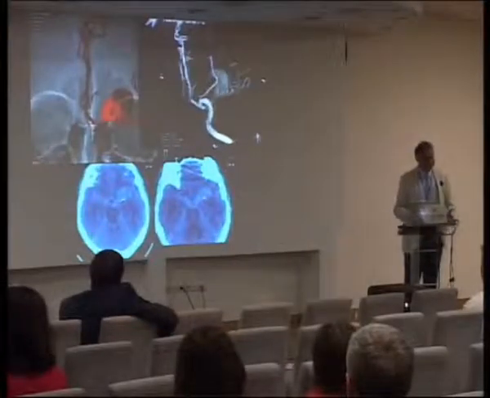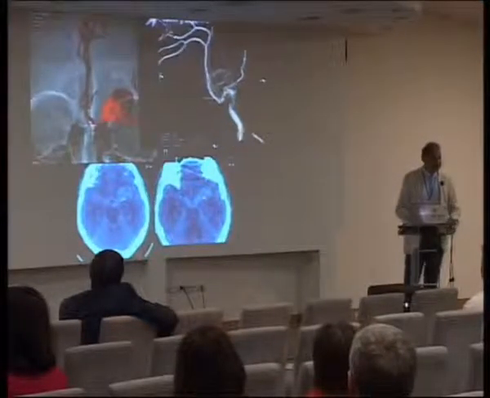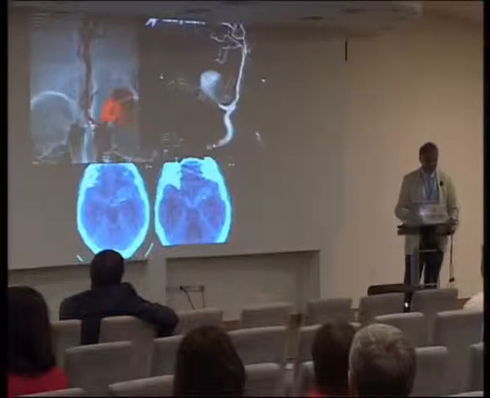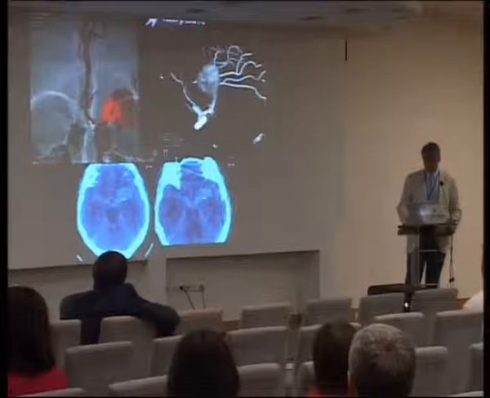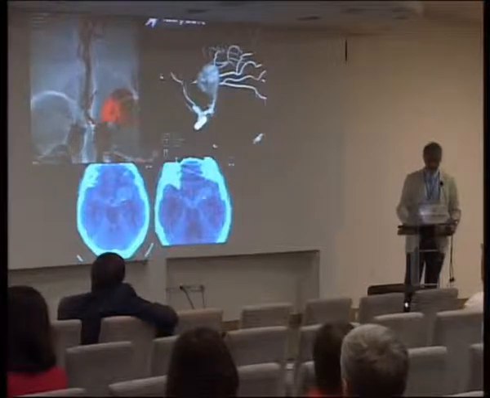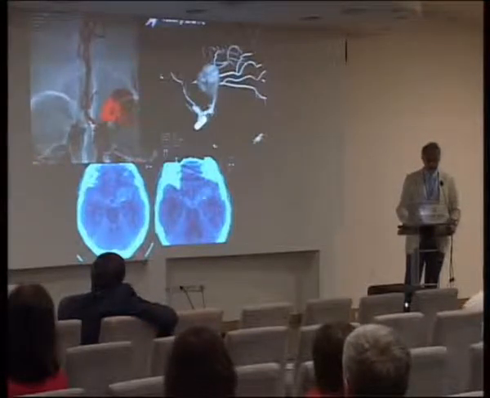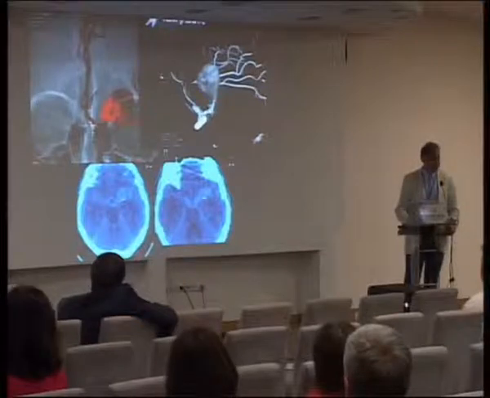But sometimes you need to hurry, because like this, the M1 segment contains a fusiform aneurysm. As you see, this is the rupture point. This is the subarachnoid hemorrhage. Nobody wanted to touch it, and after a week, he came to us.